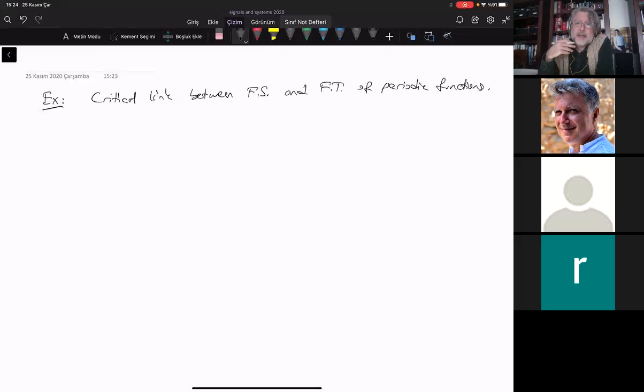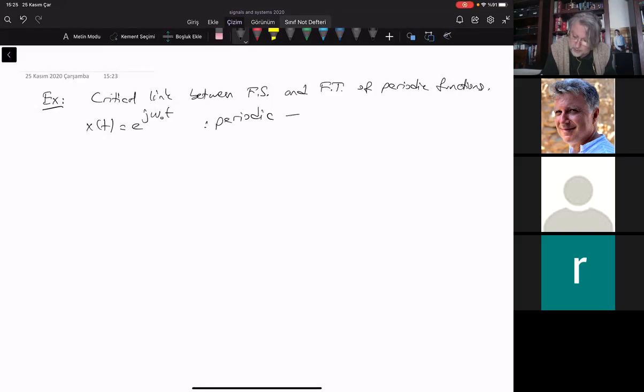I said that if you have a periodic signal, you can have the Fourier series, and that's correct, and you have the tools for that. The way to attack the problem of determining the Fourier transform of those periodic signals is through determination of the Fourier series coefficients. For example, if x of t is equal to e to the j omega 0 t, it is a complex exponential and it is periodic.